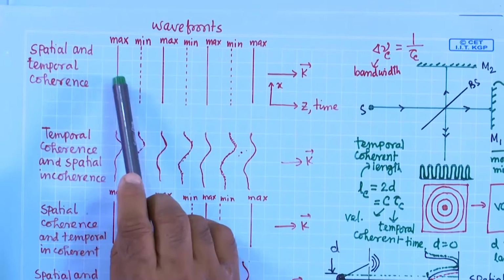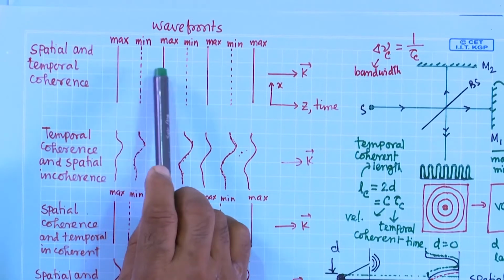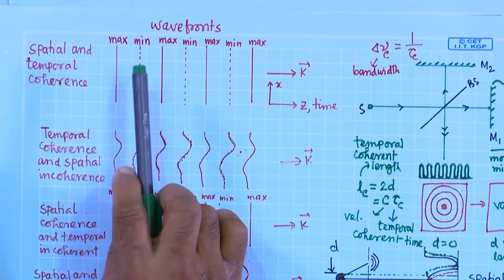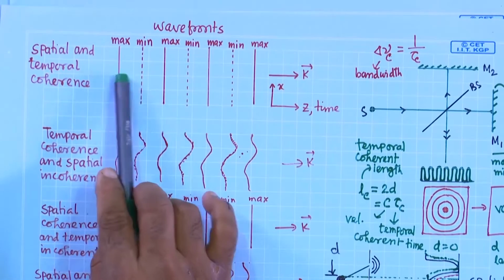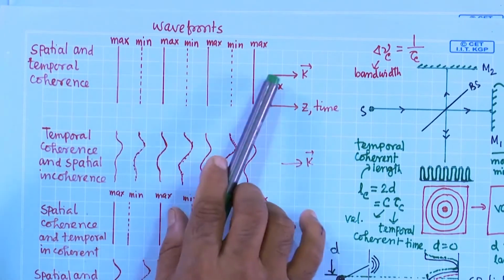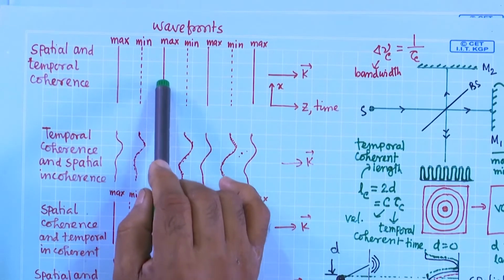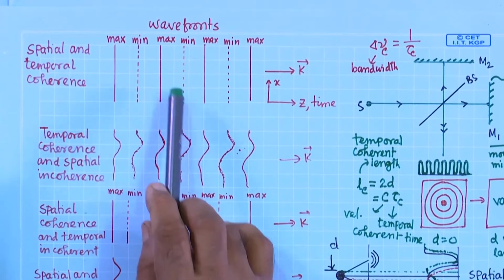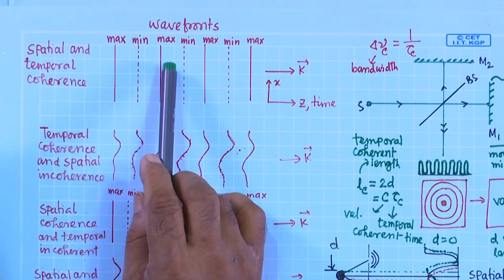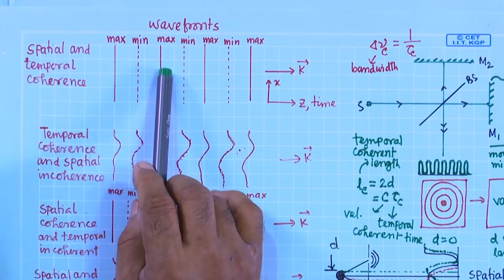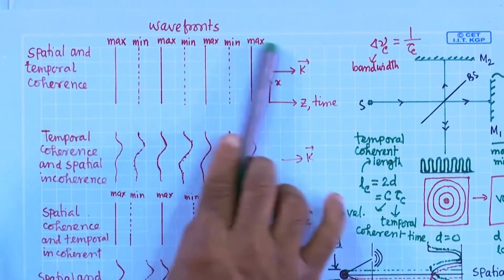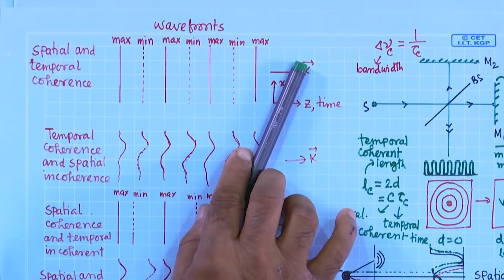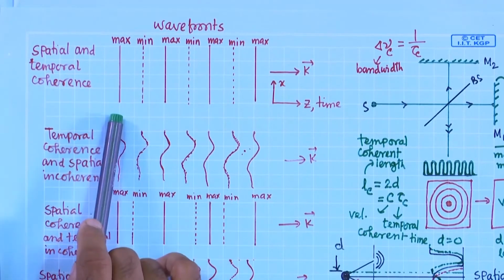Over time, if we look at 2 points along this direction, you can see they will remain constant as it propagates. Their phase will remain constant, and in the transverse direction also, if you consider 2 points, their phase is uniform on this wavefront. This type of source, we say, has spatial and temporal coherence.